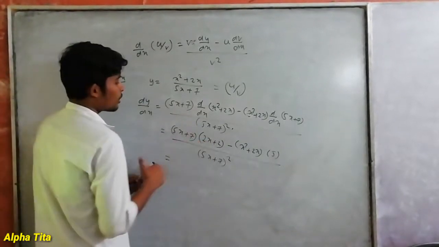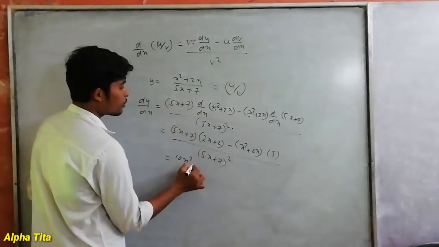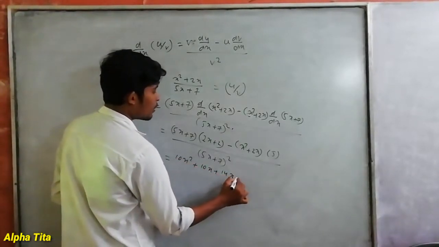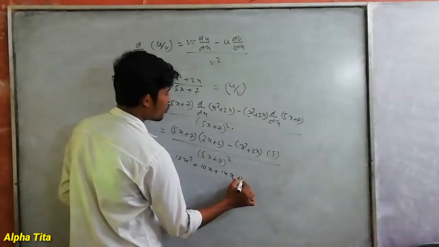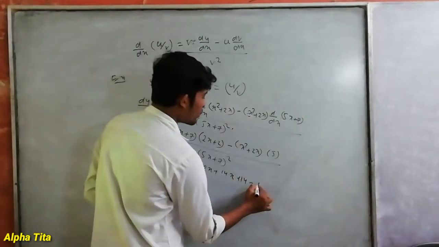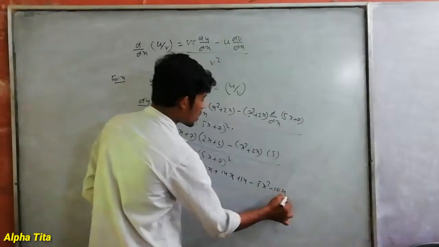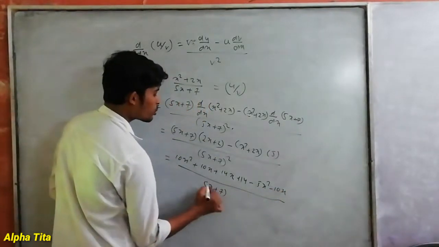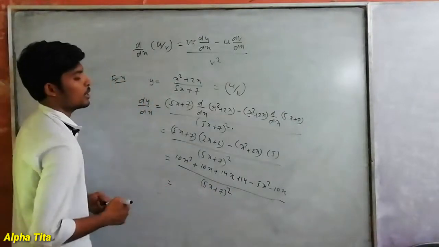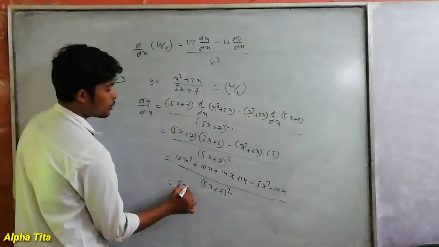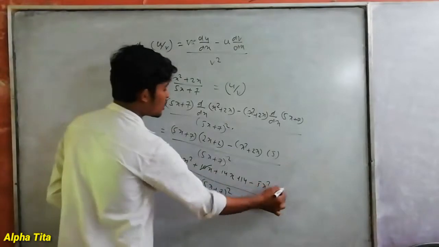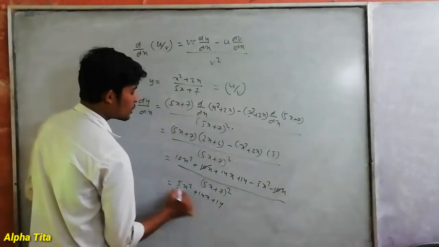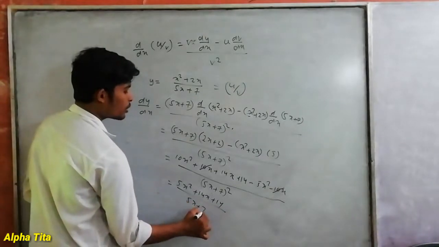We get 10x square plus 10x plus 14x plus 14 minus 5x square minus 10x, divided by 5x plus 7 whole square, and we get 5x square. The 10x cancels out, and we get 14x plus 14 divided by 5x plus 7 whole square.